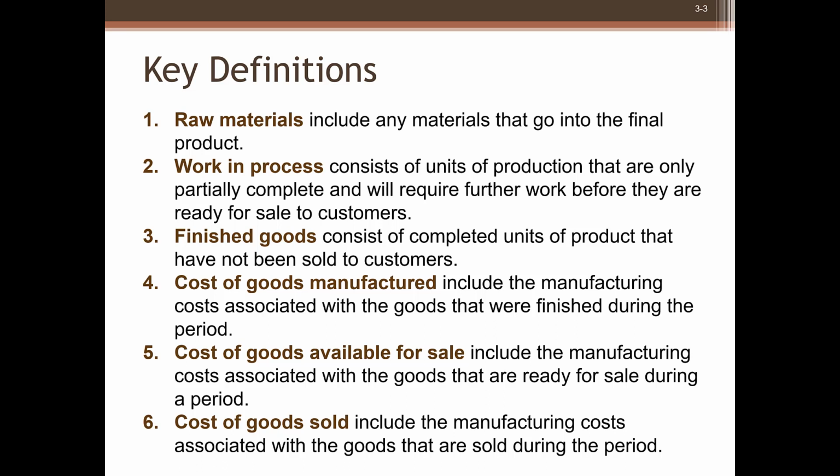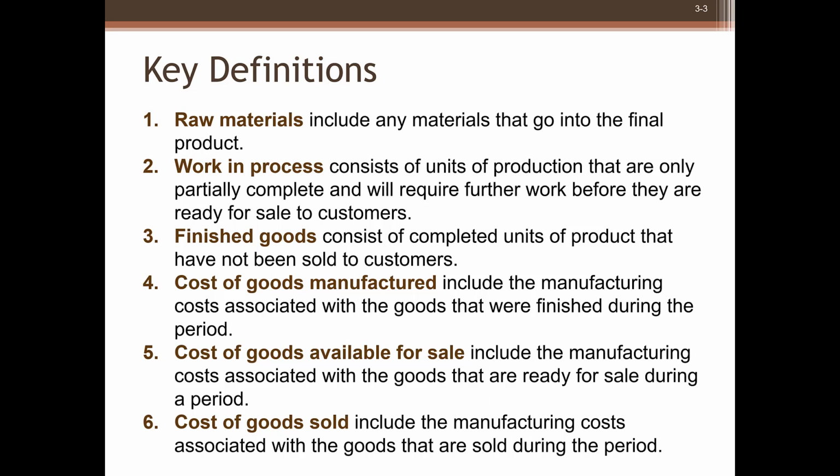However, in manufacturing companies, because manufacturing companies produce products themselves and then sell products to customers, on the balance sheet of manufacturing companies, there are 3 inventory accounts, 3 sub-accounts: raw materials, work in process, and finished goods. It's a little bit different from merchandise companies.